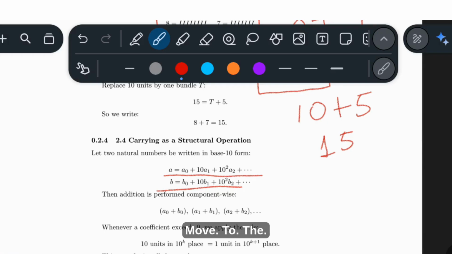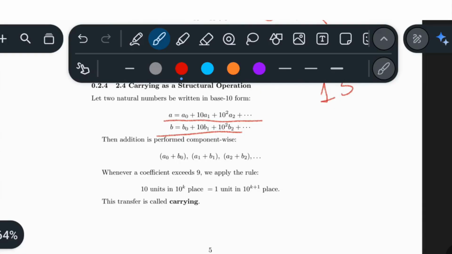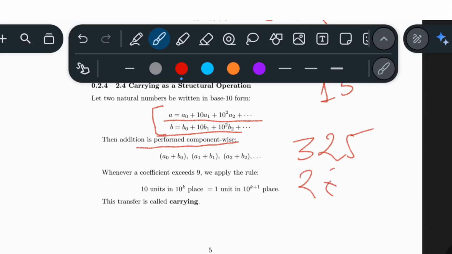Now move to another thing, carrying as a structural operation. Let two natural numbers be written in base 10 form. We have to perform component-wise addition. Let's say 325 plus 289.